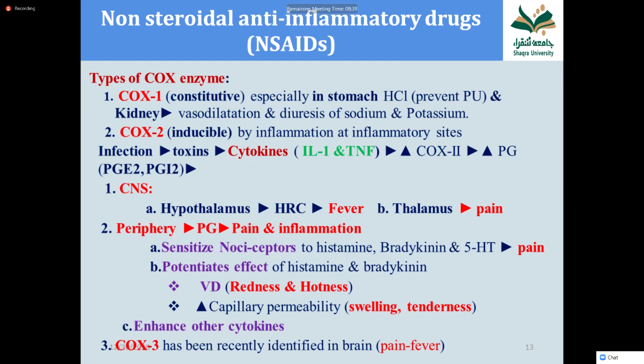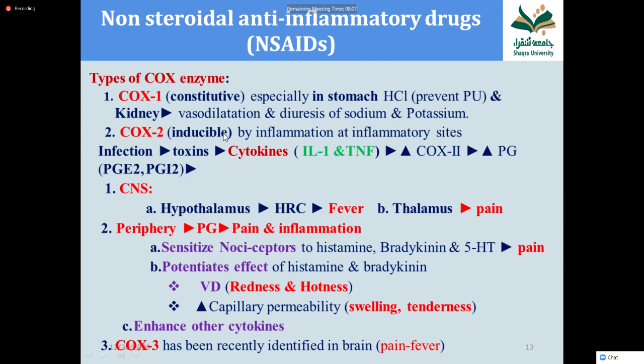It will be induced only when there is inflammation at the inflammatory site. So COX-1, especially in stomach, is stimulated by HCl and causes prevention of peptic ulcer, and in kidney it causes vasodilation and diuresis of sodium and potassium.